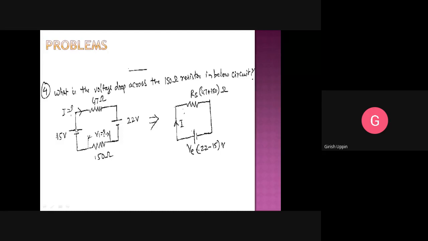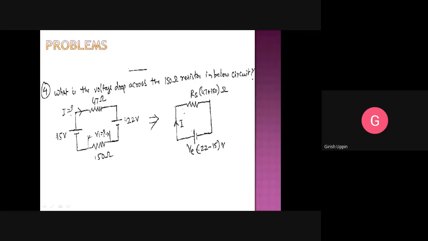Let us say this terminal was different, meaning this was negative and this was positive. If this side was positive, it would try to send the current in this direction, and this is also trying to send the current in the same direction. Then effectively the voltage source will become 15 plus 22 volts. Right now they are trying to push the current in the opposite direction. That's why the effective voltage is 22 minus 15, that is 7 volts, and current will flow in this direction.